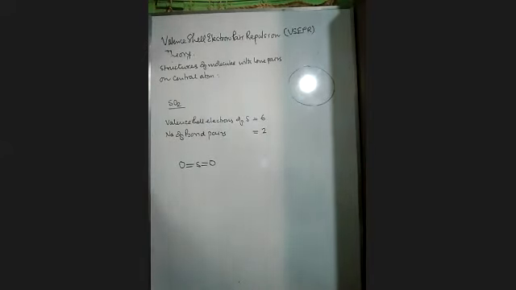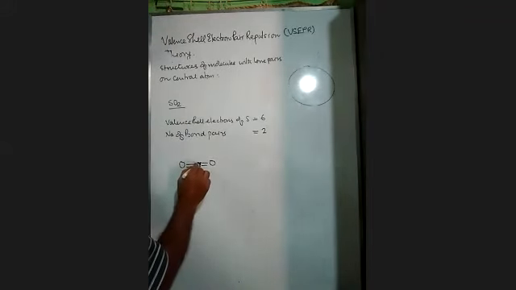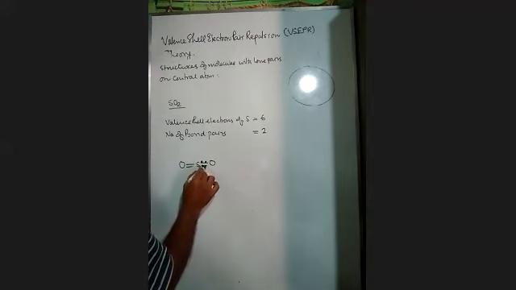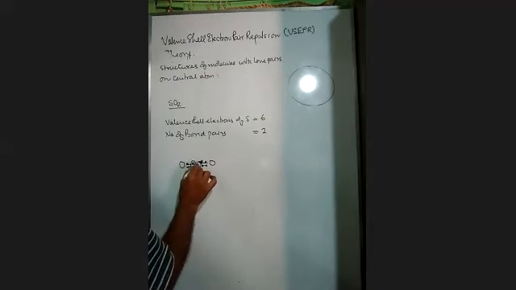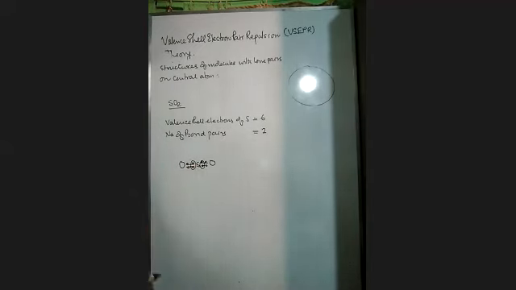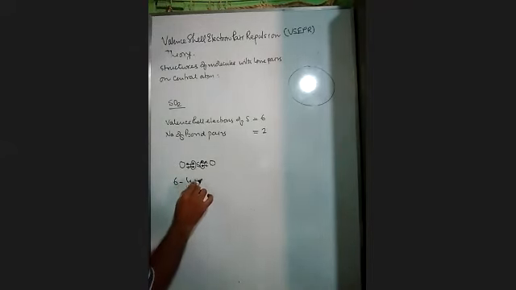Now see. In this case, sulfur has given 2 plus 2, 4 electrons. But total number of electrons is what? 6. 6 minus 4 is 2.